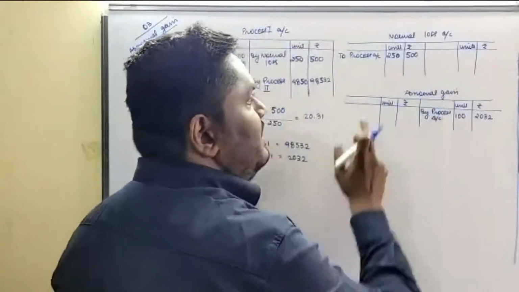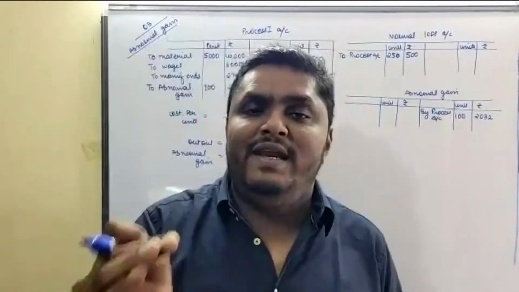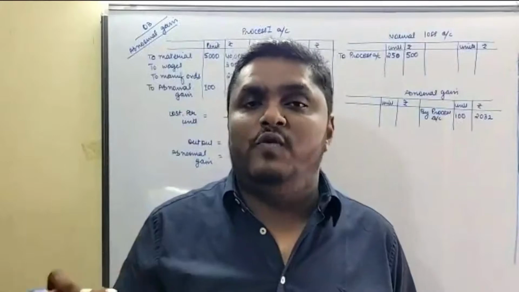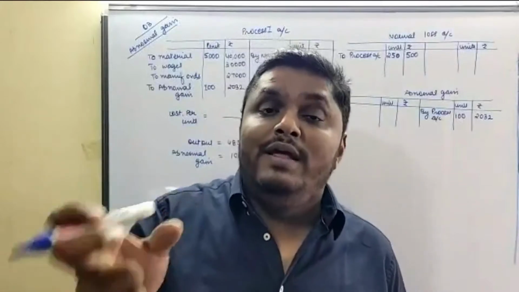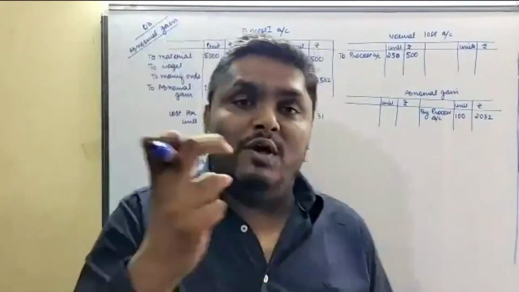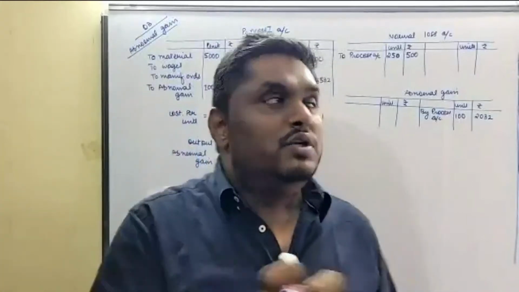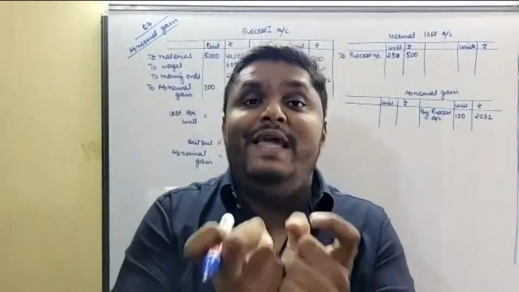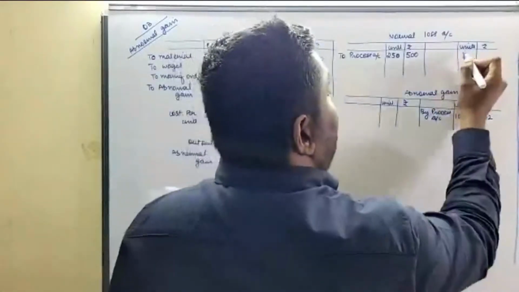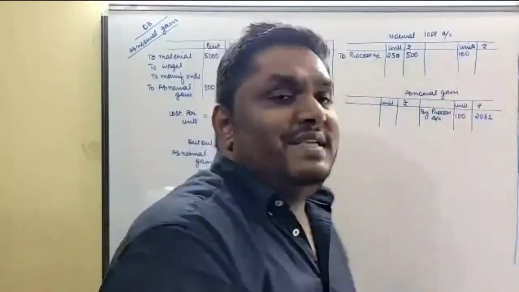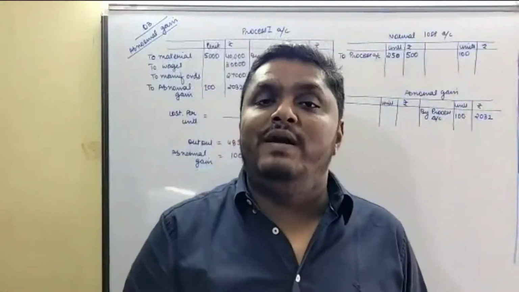I repeat again, we have predicted well in advance that there will be a normal loss of 250 units. However, our actual output was more than expected output by 100 units. So it means there is a saving in normal loss of 100 units.